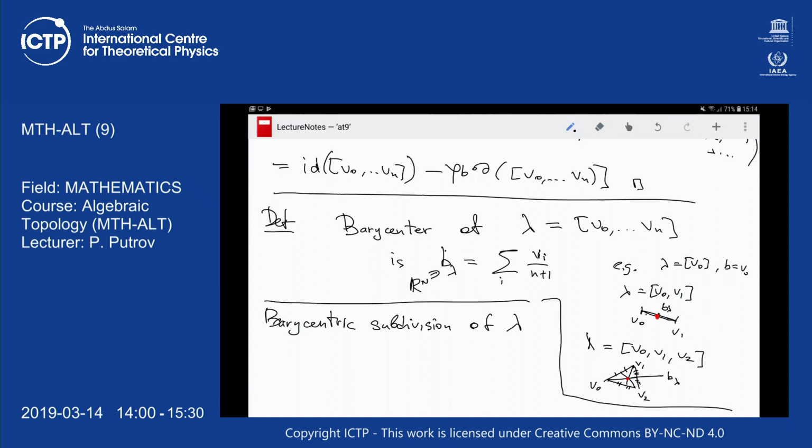And we will define it recursively with respect to n. So what does this mean? So what do you mean by barycentric subdivision?